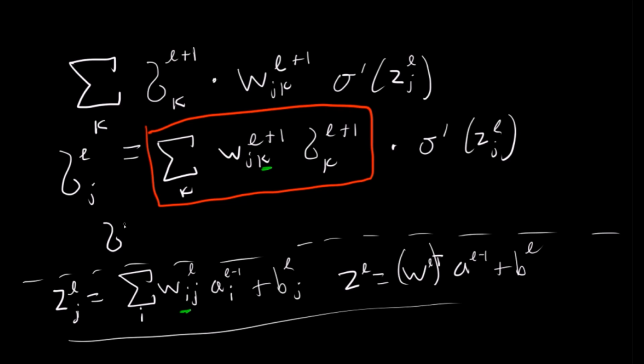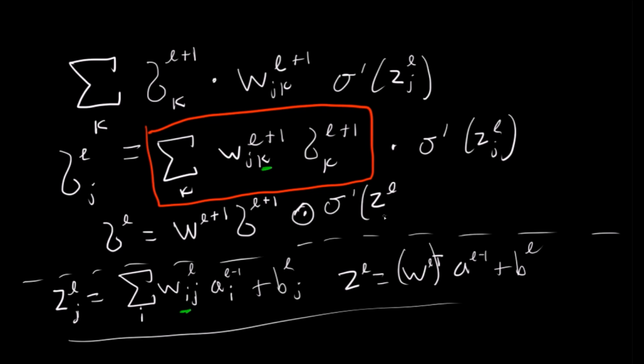So if we want a matrix of deltas in layer L, we simply have to do the normal weight matrix, not the transpose, L plus 1, times the vector form of the deltas in the next layer, and then multiply it element-wise by the derivatives of the activations in the current layer that we're looking at.